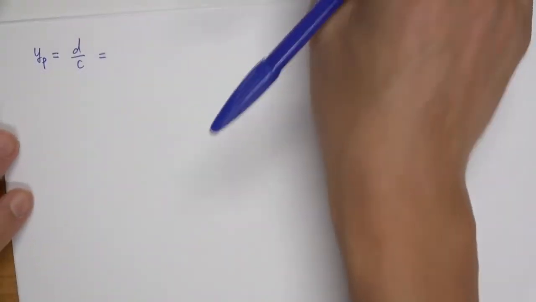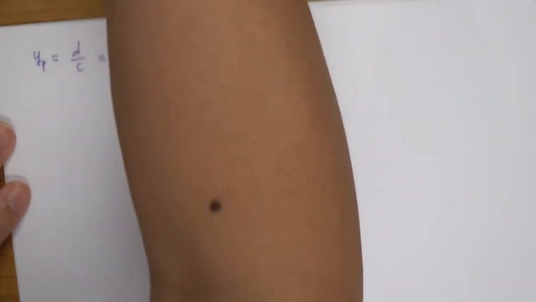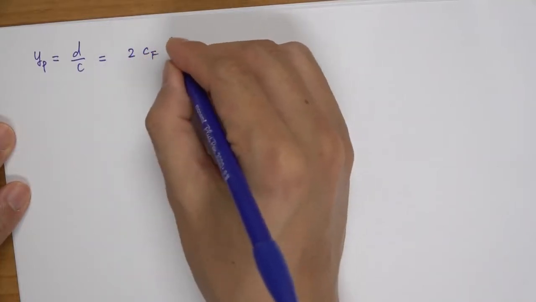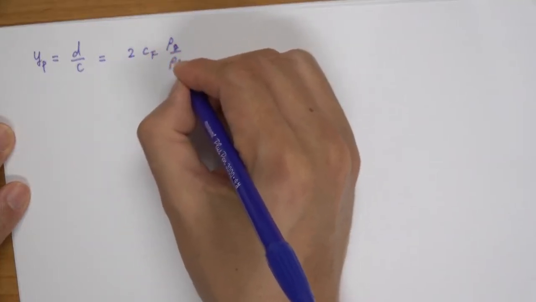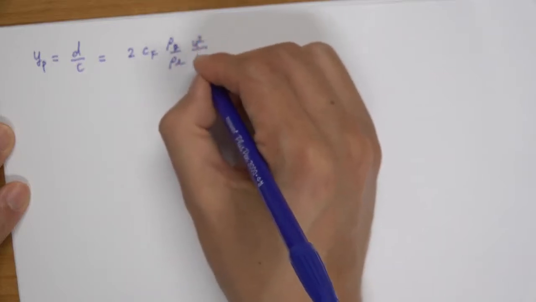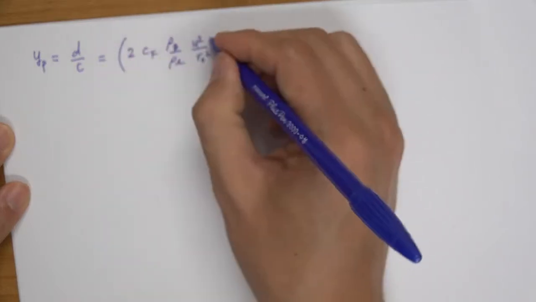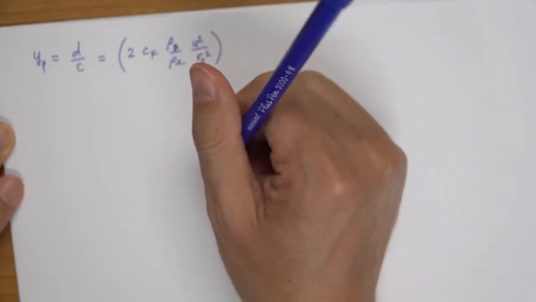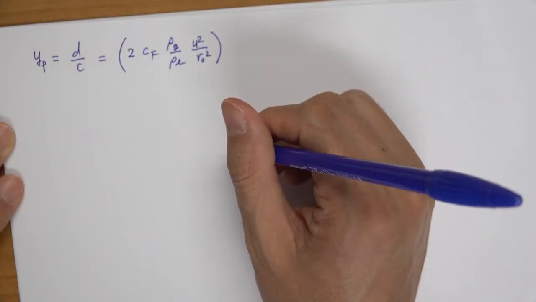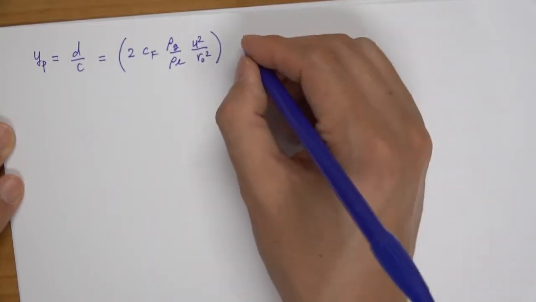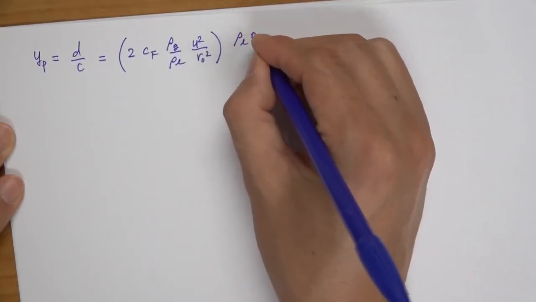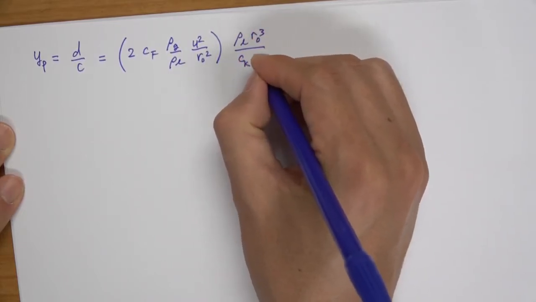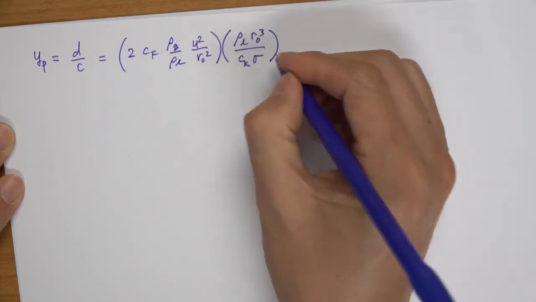So d is 2 cf rho g over rho l and u square rho square, over c, and c was that, so rho l rho cubed divided by ck and sigma, that's 1 over c.